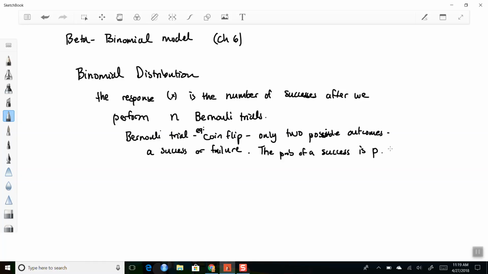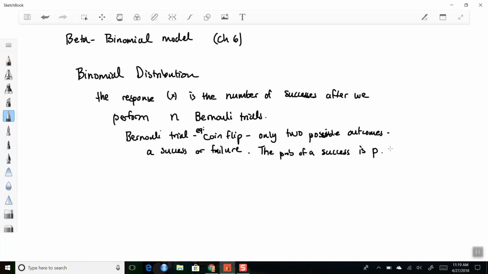Or we shoot the basketball, and if we're Steph Curry, the probability it goes in is like 92%. If it's me, it's 1%. Whatever it is, you attempt something and you've got a probability of success and a probability of failure.